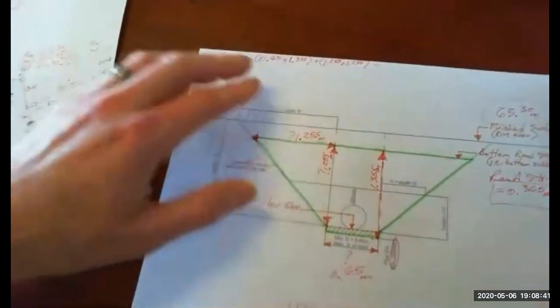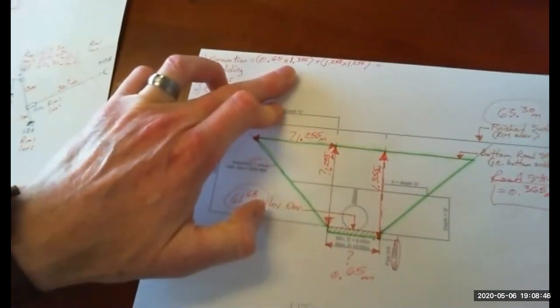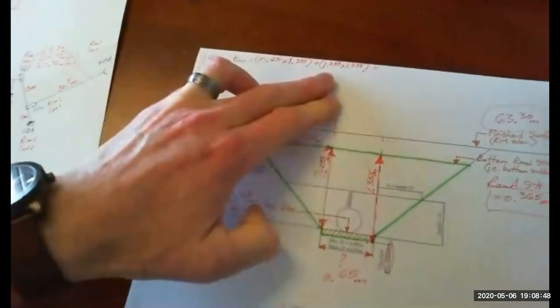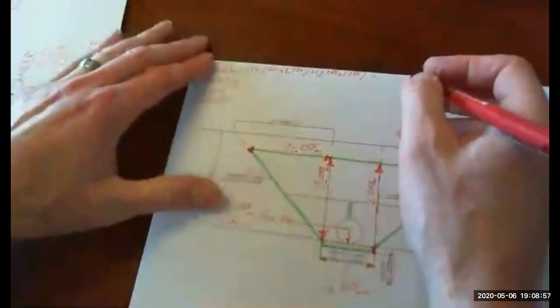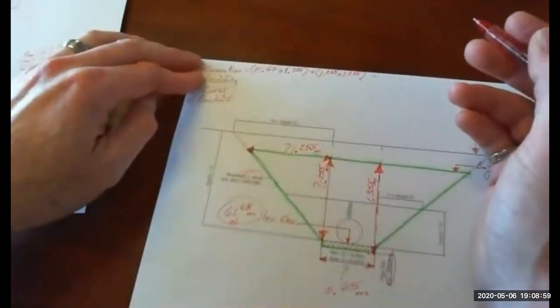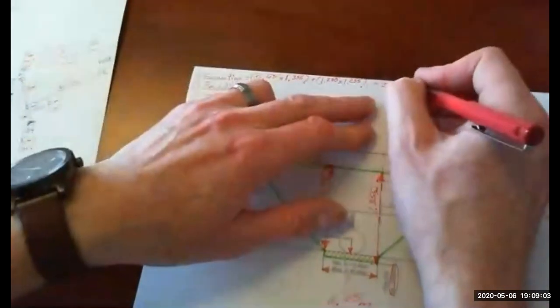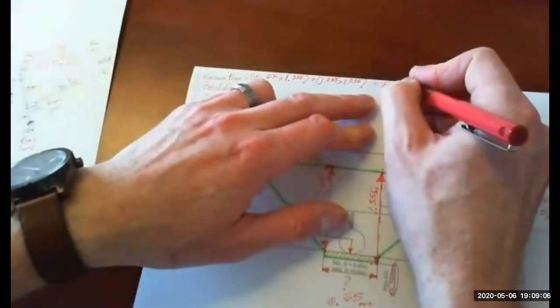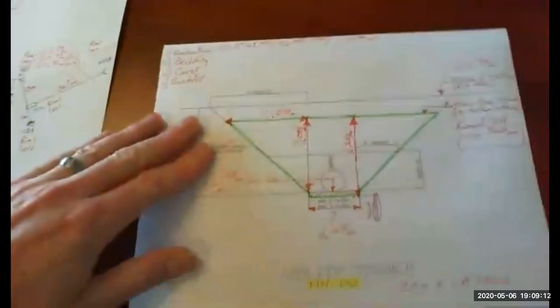So that area is 0.65 times 1.355, and then you add to that 1.255 times 1.255. That gives you an overall excavation area of 2.456 square meters.